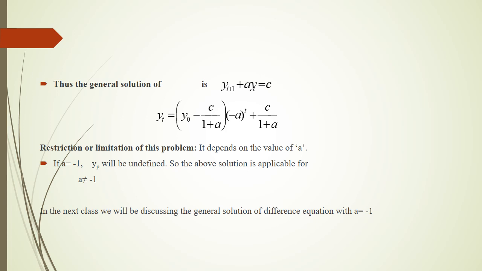If the value of a is -1, then the denominator is 1 - 1, so that will be c/0, which is undefined. So this is the restriction. If a = -1, we will not get this kind of solution, as it will be undefined. So this type of solution is applicable with the restriction a not equal to -1.